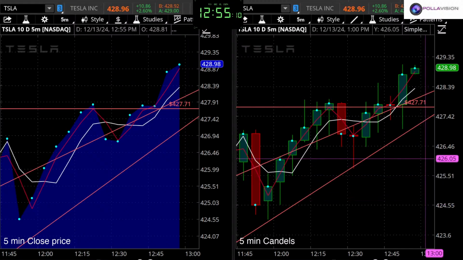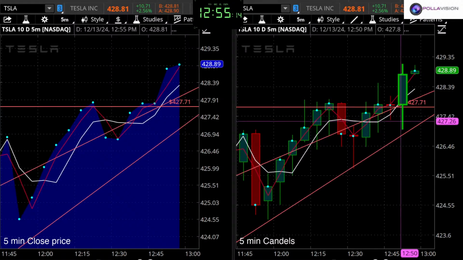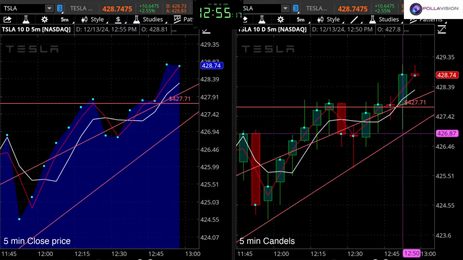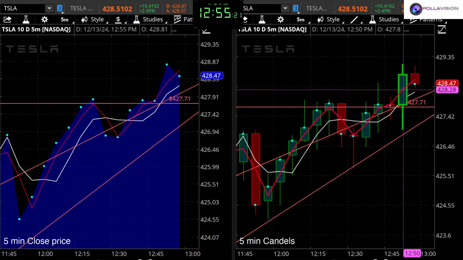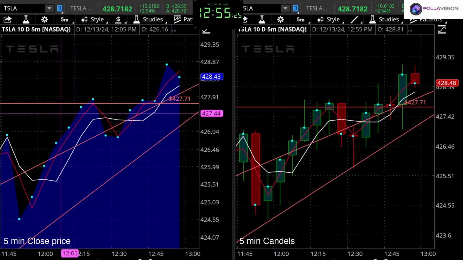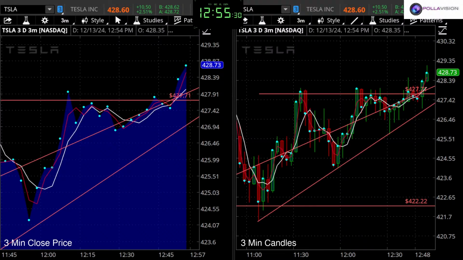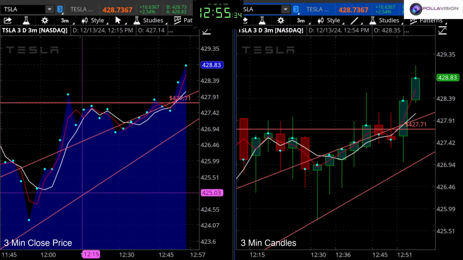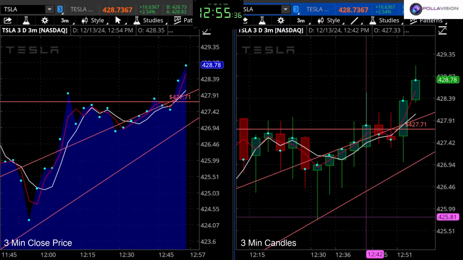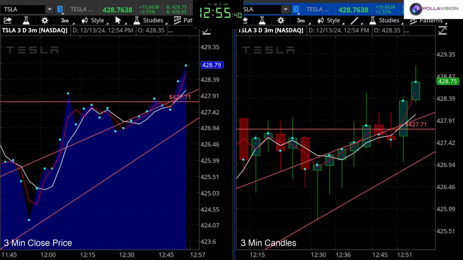And so what we've got on the 5 minutes is we have up. They tried to take it down in the wick, but the body of the candle is more important. And I said, be careful they don't bring it back down. So let's look at the 3-minute. What do we got going on? New 5-minute chart.